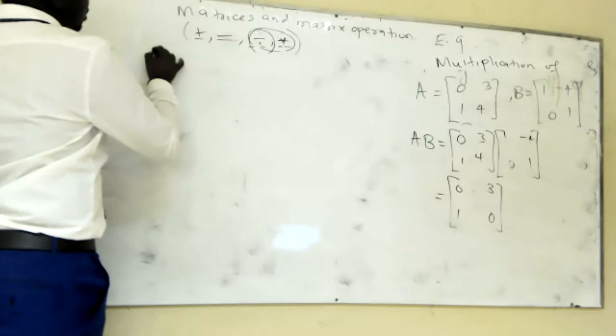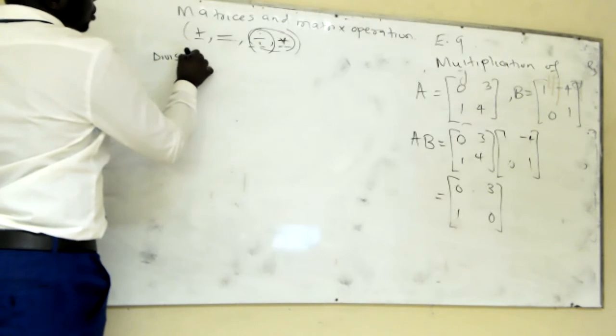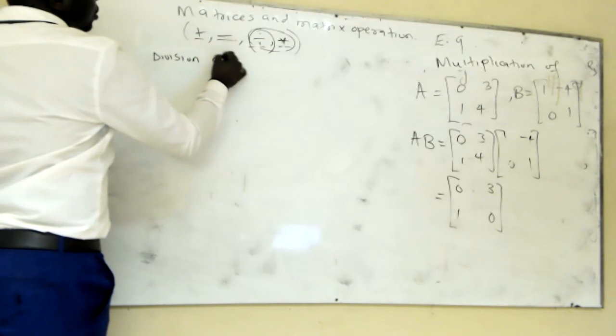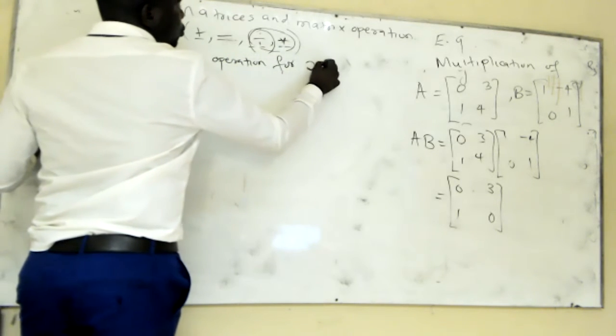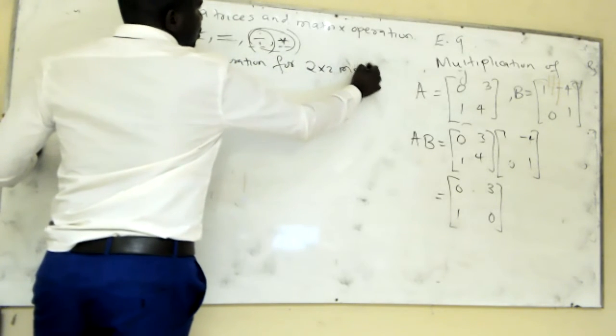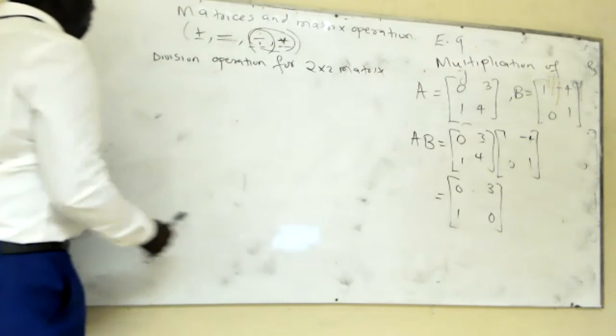The division operation for 2 by 2 matrices.